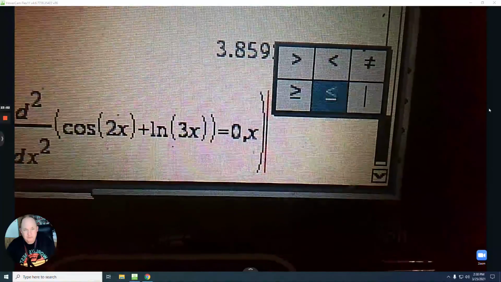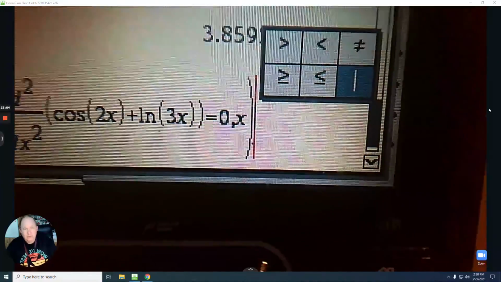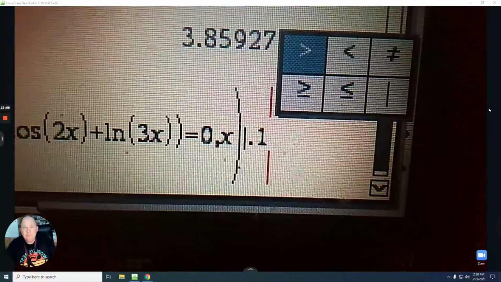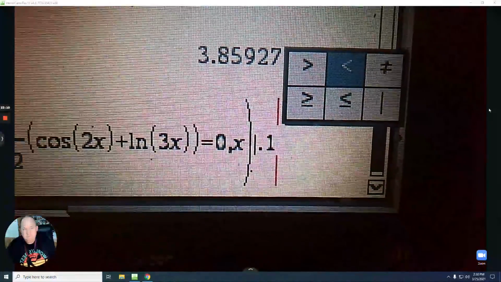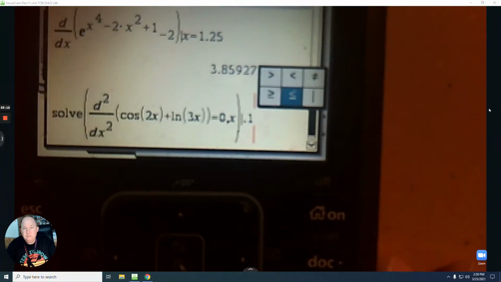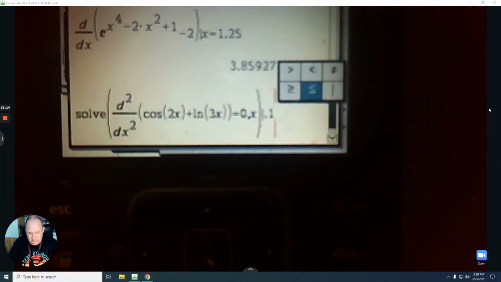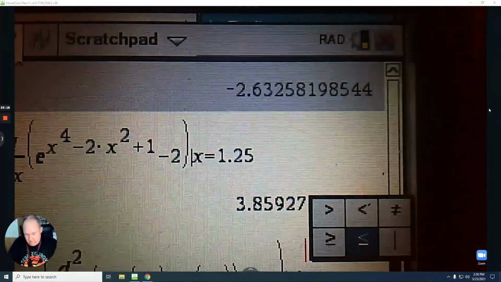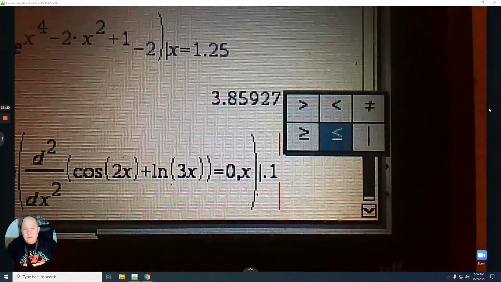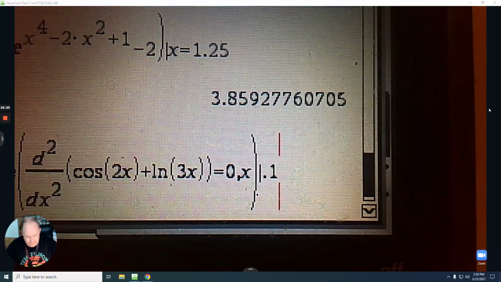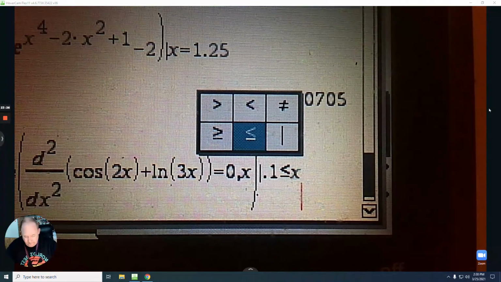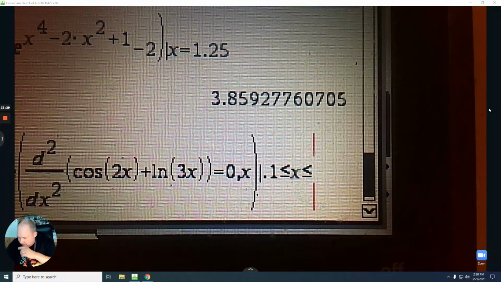It'd be good to have a restriction. So we're going to restrict it from 0.1 to 3.